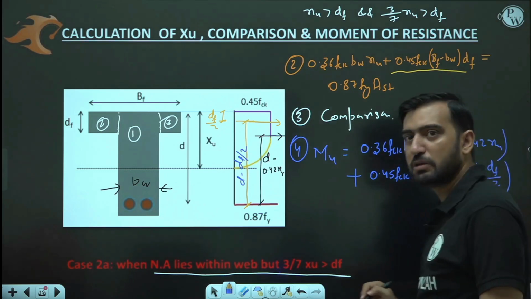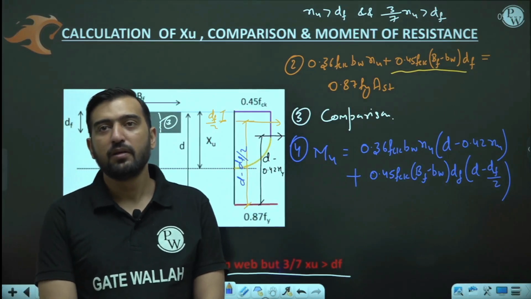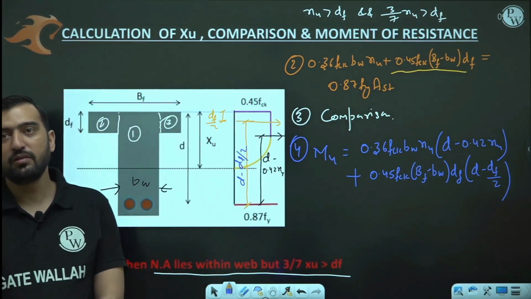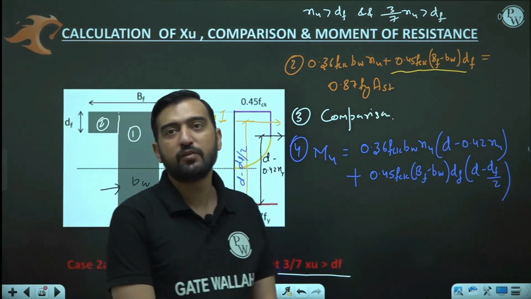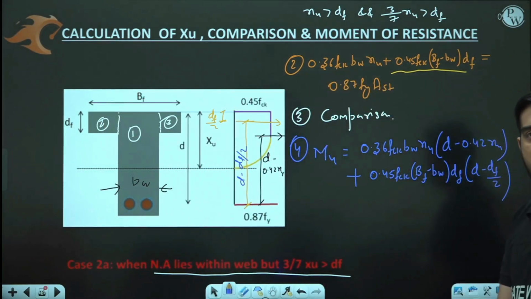So this is a way to calculate moment of resistance when XU is greater than DF and 3/7 of XU is less than DF. So this is also an easier way.